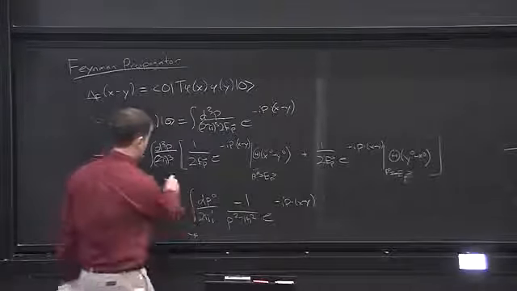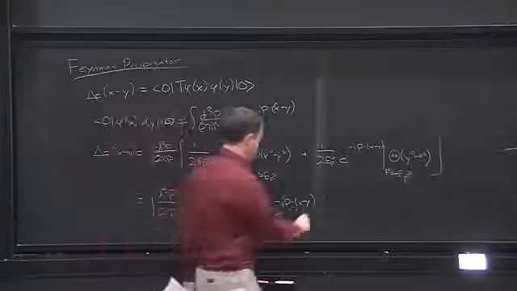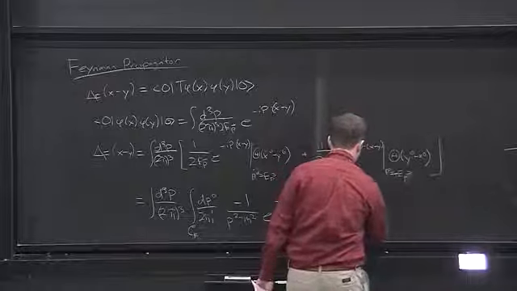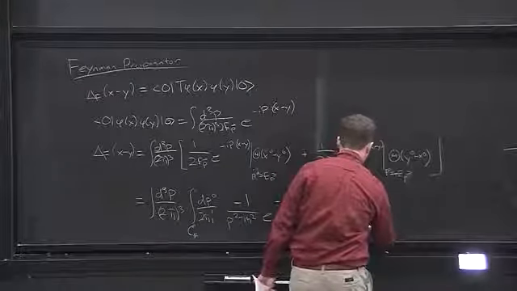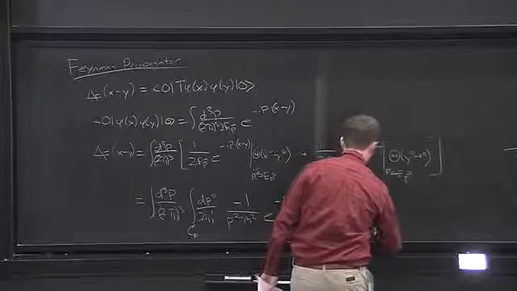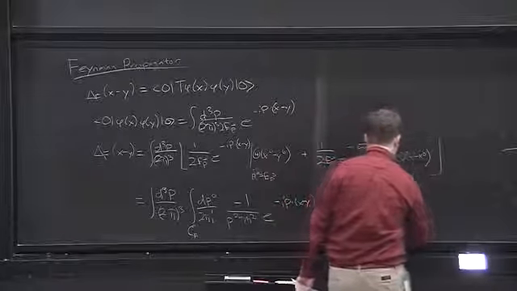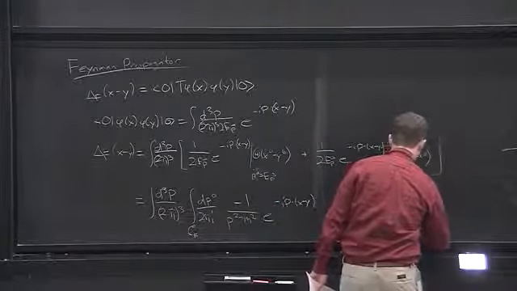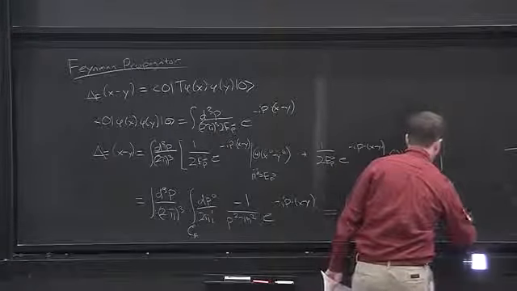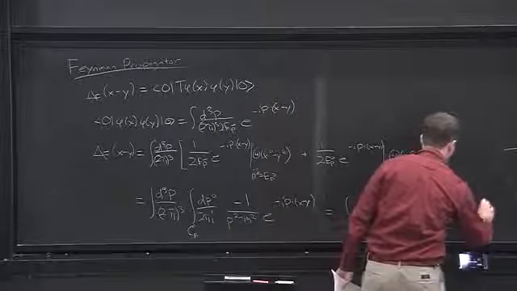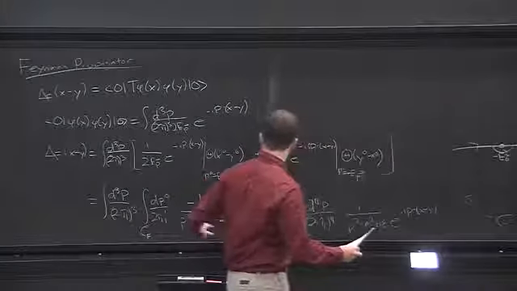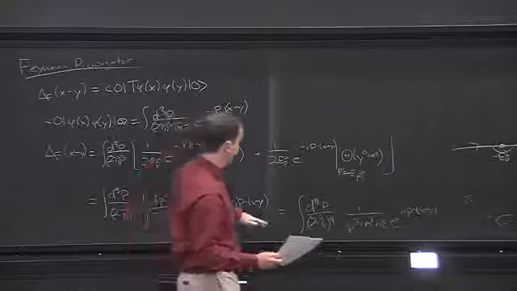And this will be the most convenient way to write the Feynman propagator. It's sometimes abbreviated as the integral of d4p over (2 pi)^4 of i over p squared minus m squared plus i epsilon, times e to the minus i p dot x minus y, where this i epsilon is an equivalent way of specifying the contour.